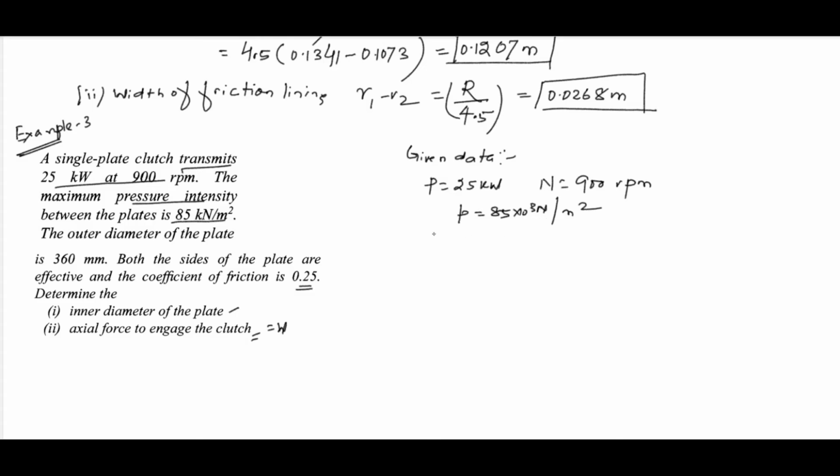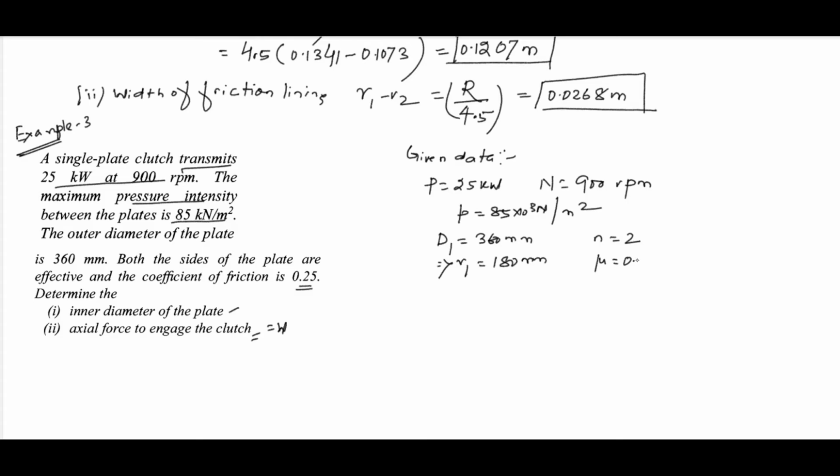Outer diameter is given. Okay, that means D1 is given 360 mm, that is R1 is given 180 mm, and n is 2 because both sides are effective.